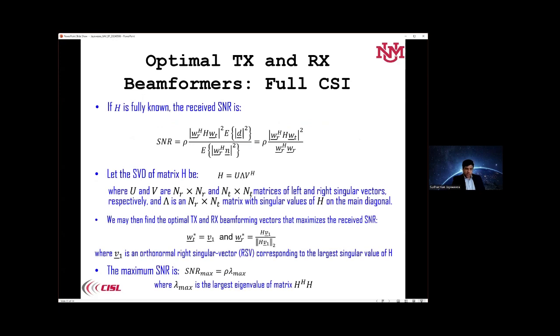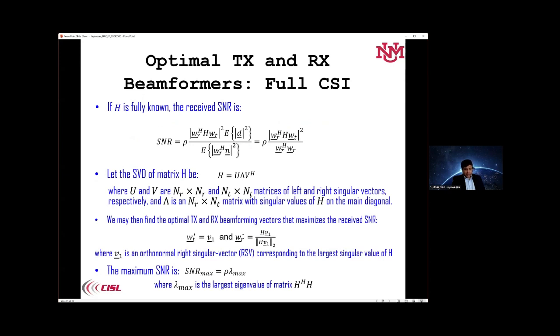By using the singular value decomposition of the matrix H, you can easily show that in this case the optimal transmit and receive beamforming are given by the singular vectors corresponding to the largest singular value of the matrix H, the V1.